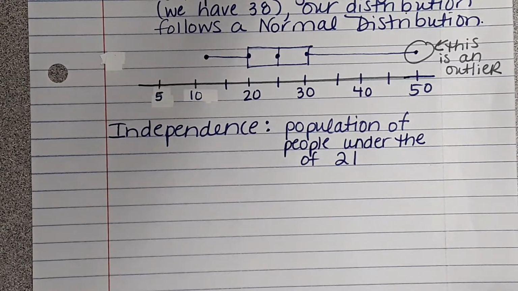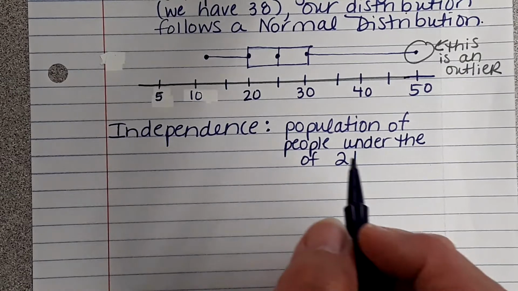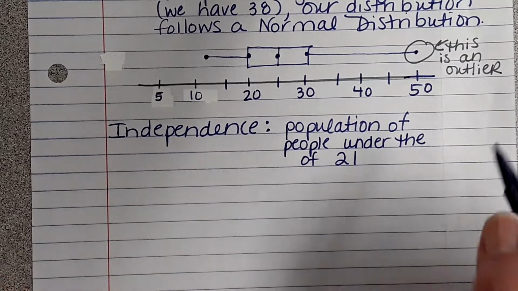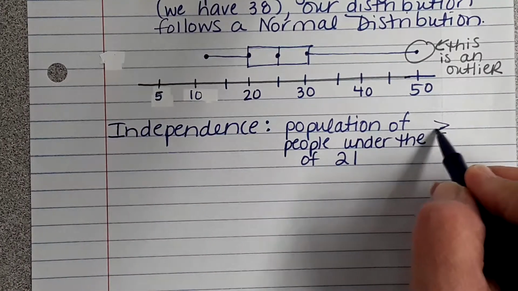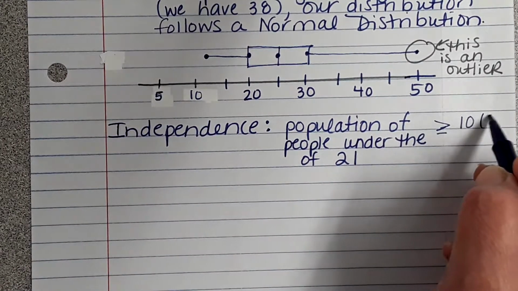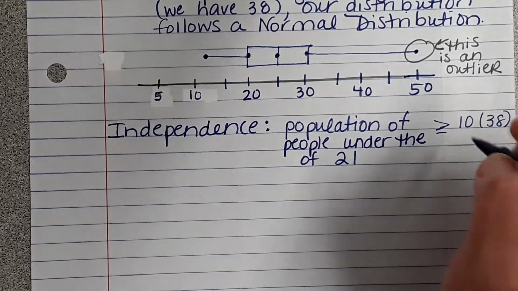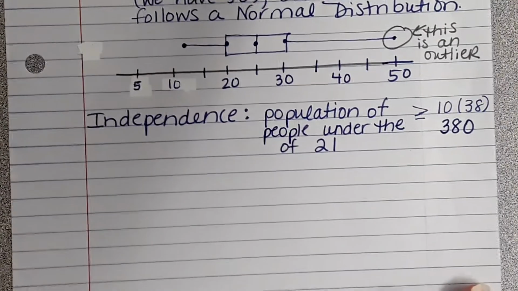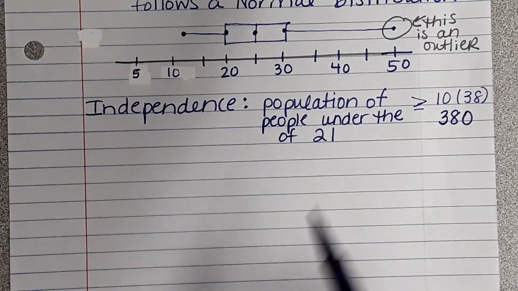Just everyone? Uh-huh. Not people with HIV? You can put that, but it's just the population of people under the age of 21. And it has to be greater than or equal to 10 times 38, which is... And now, this is a good point that you can make.